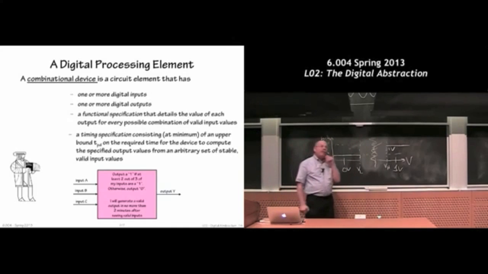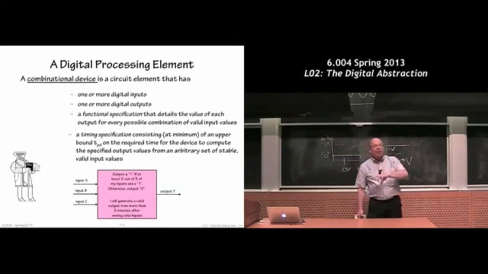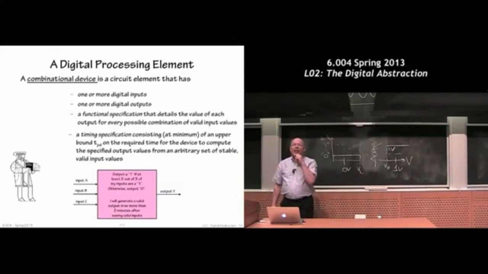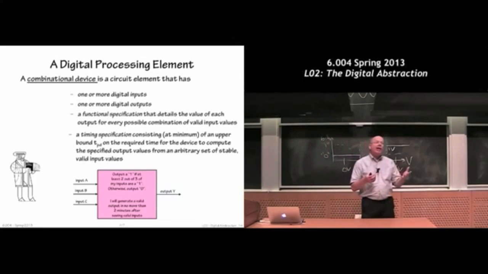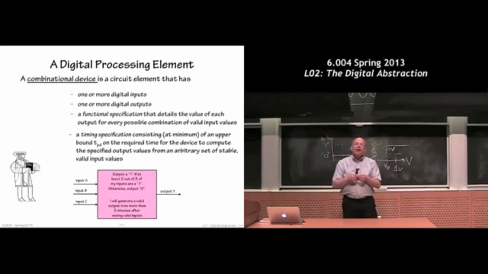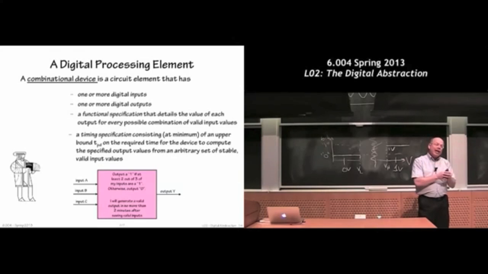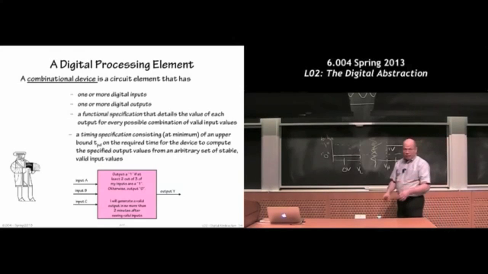And the third thing, which we won't talk much about today but will become more important next week, is a timing specification saying, once the inputs are stable, how long is it until the answer is produced? At a minimum, we require the specification to give us an upper bound on how long I have to wait. This magenta box will produce an answer within 1 second of having all the inputs become stable and then remain unchanging after that.